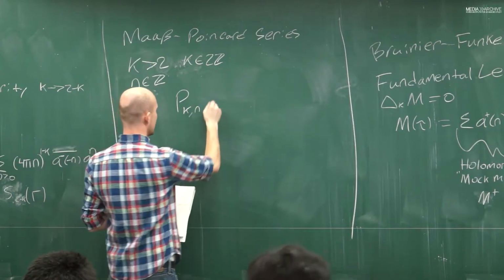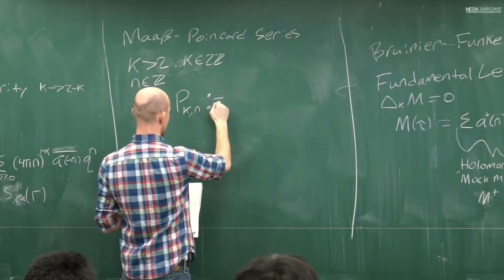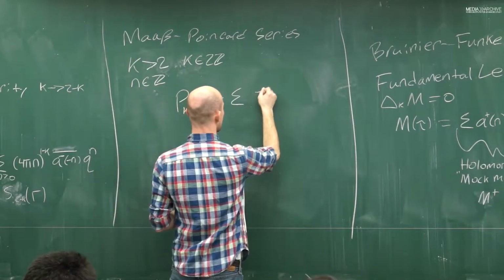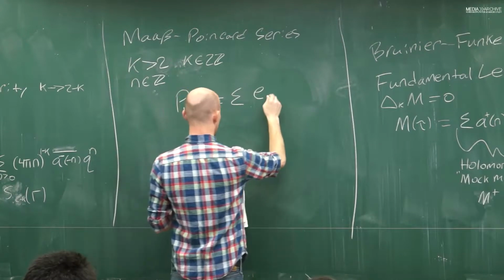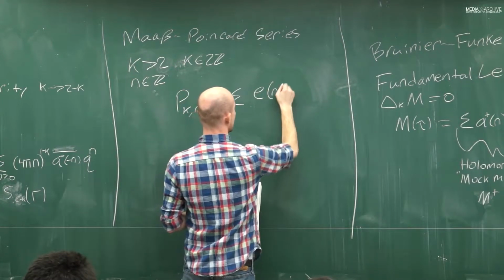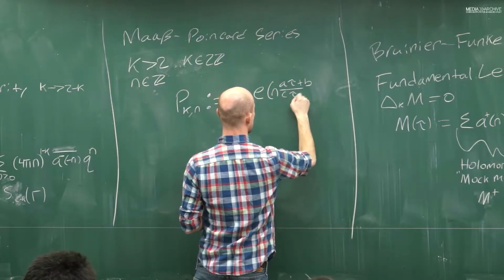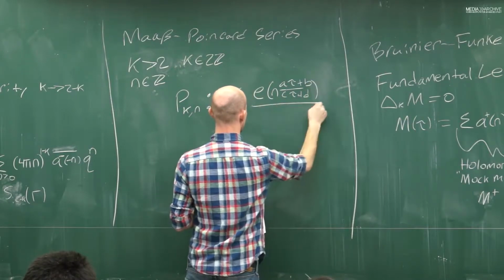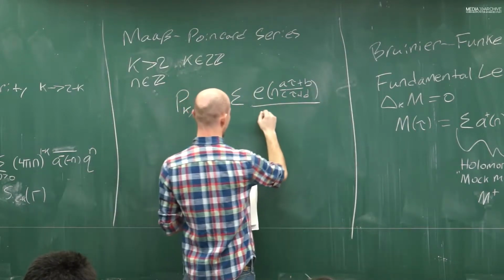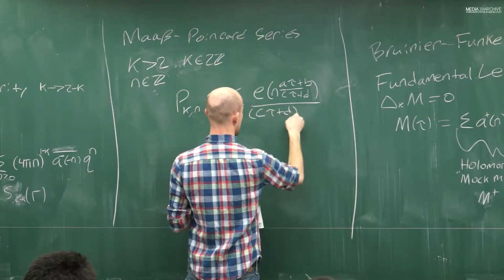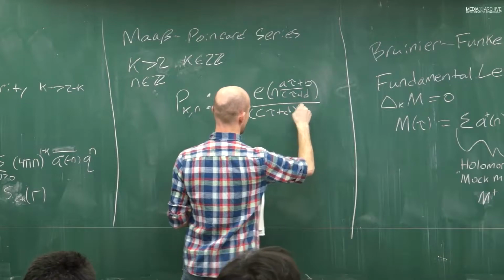I'm going to define this to be an average of an exponential function times (c zeta plus d) to the k.